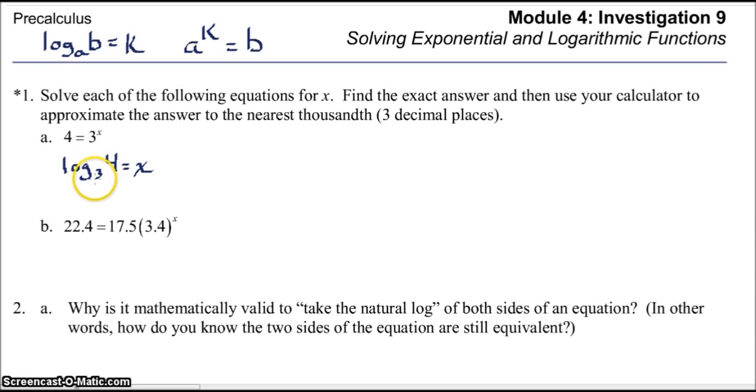Some of you guys have calculators that'll do this logarithm. There's also a change of base formula, which you may remember from high school. This is equivalent to log of 4 divided by log of 3. So you could type it in your calculator that way, just the common log with a base 10.